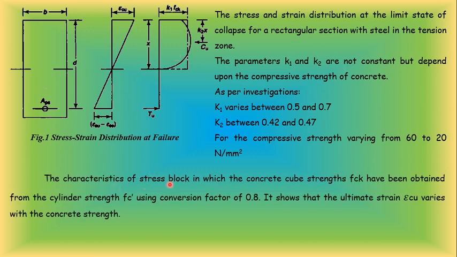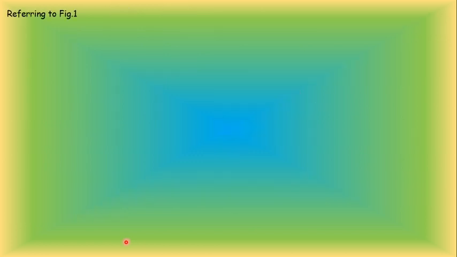In the characteristic of the stress block, the concrete cube strength FCK has been obtained from the cylinder strength FC dash using a conversion factor of 0.8. It shows that the ultimate strain epsilon CU varies with the concrete strength. Referring to the earlier figure, figure 1, the total compressive force Cu equals K1 into FCK into B into X, that is the rectangular area.